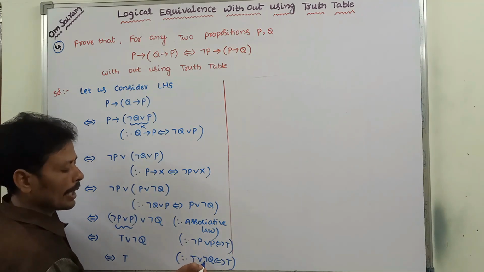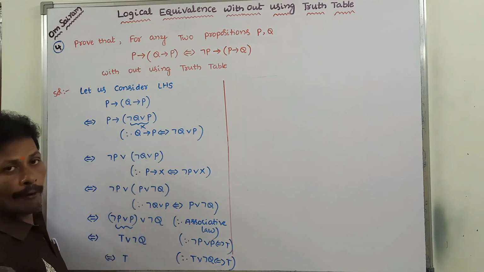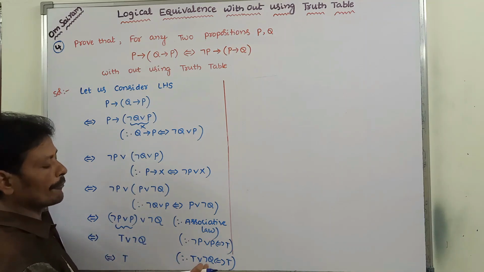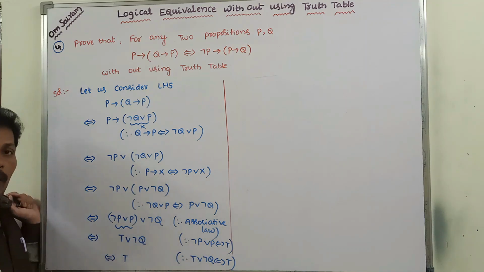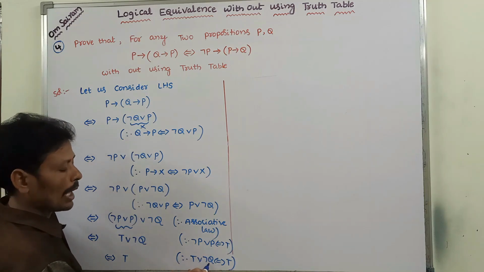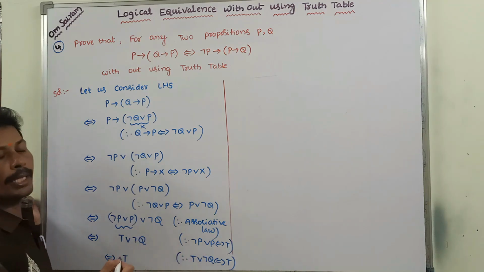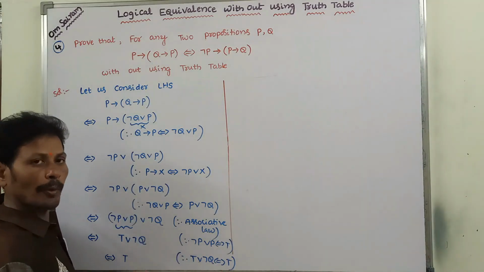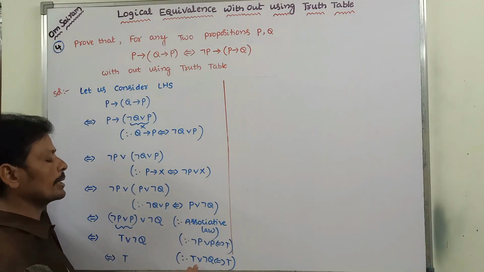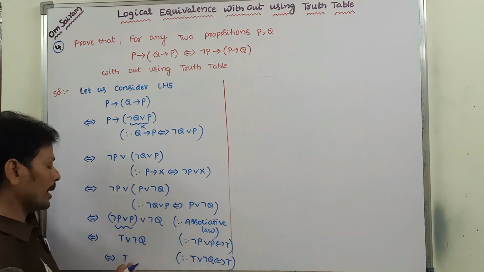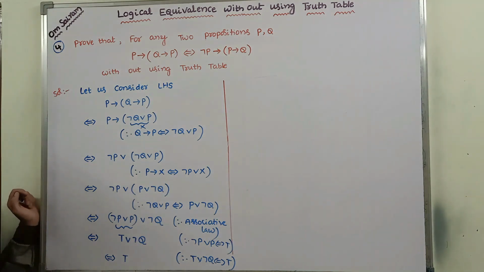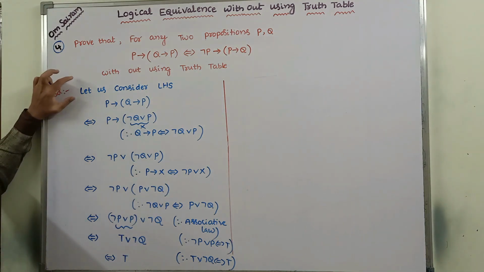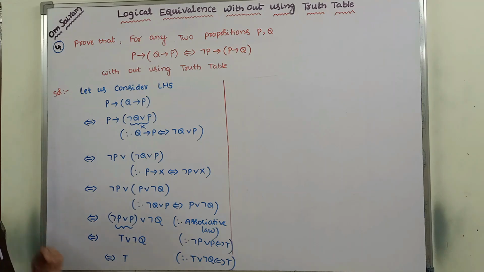In the place of negation Q, we substitute false value: true or false is true value. Whatever the truth value we substitute in the place of negation Q, we get only true value. Hence, we can say that true or negation Q is nothing but true. After simplifying the LHS part, we are getting true value.